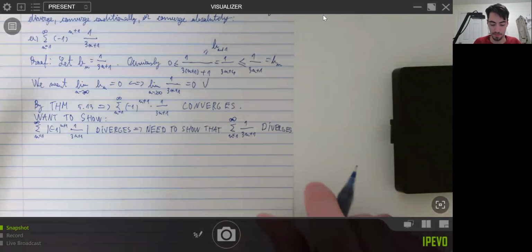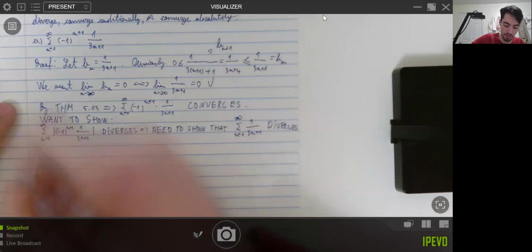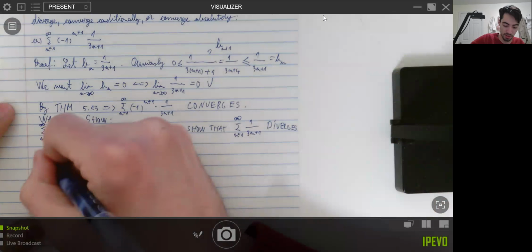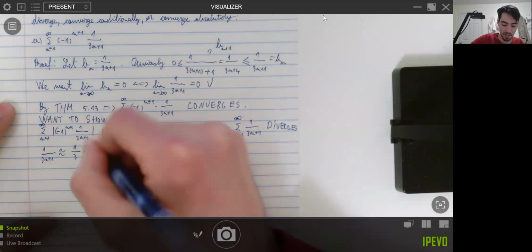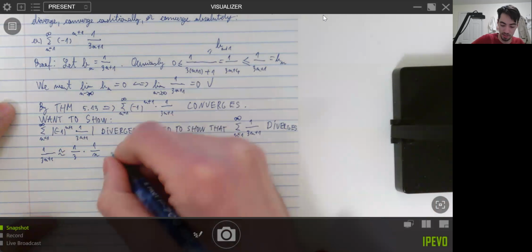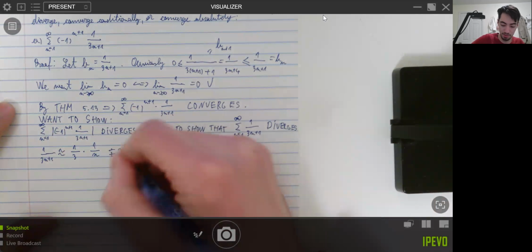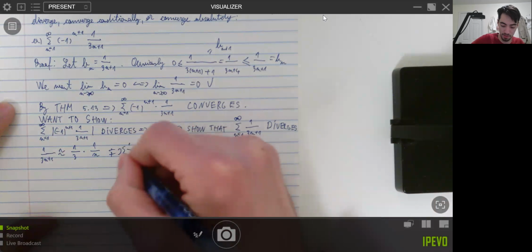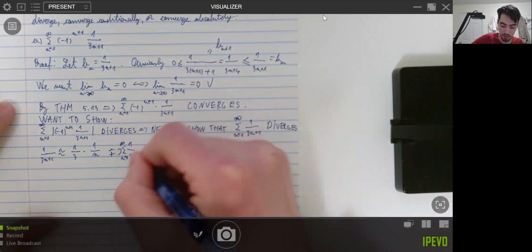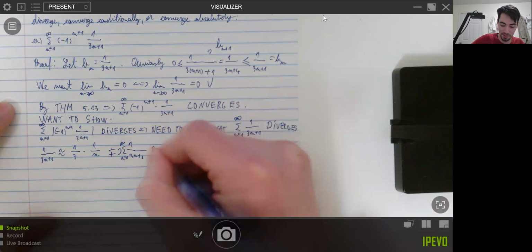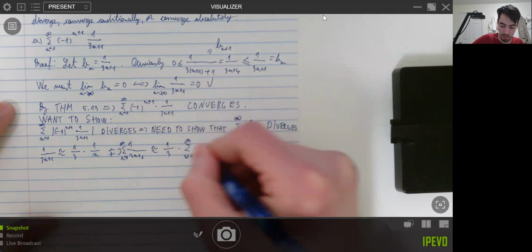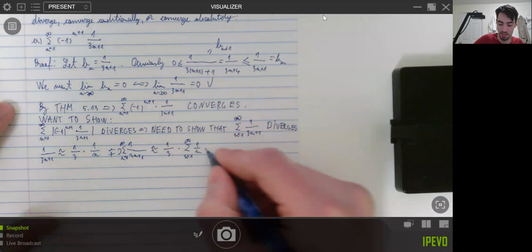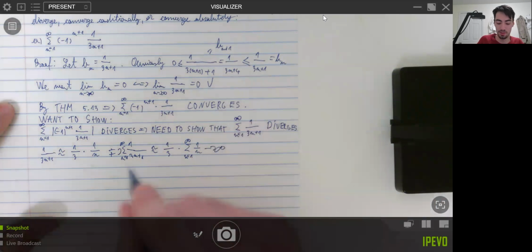Well, some sort of motivation for this would be that 1 over 3n+1 is approximately the same as 1/3 of 1 over n, right? So therefore, the sum from n equals 1 to infinity of 1 over 3n+1 is going to be approximately 1/3 of the harmonic series. And we know that this diverges to infinity. So this is also going to go there.